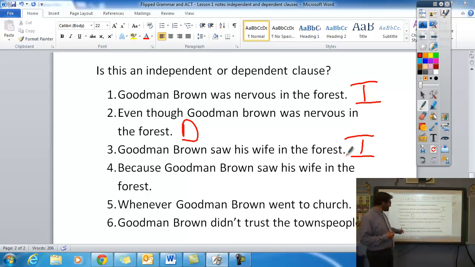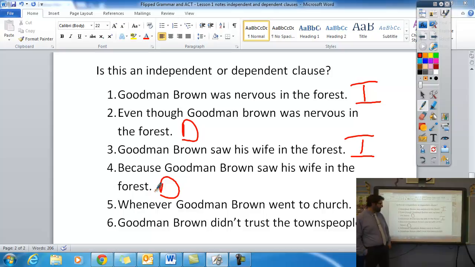But this one is a dependent clause, right? It cannot be on its own. If I said, because Goodman saw his wife in the forest, you would wait for me to say more. Well, what happened because Goodman saw his wife in the forest? This one is not a complete thought. It needs more information to be a complete sentence. So it's a dependent clause.